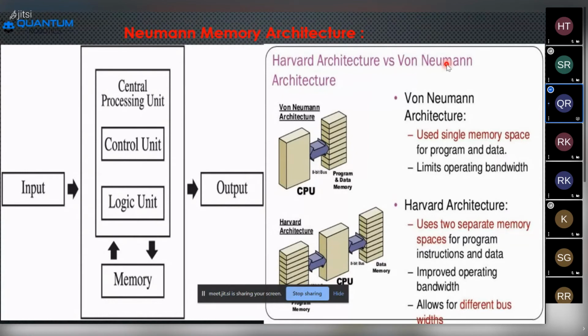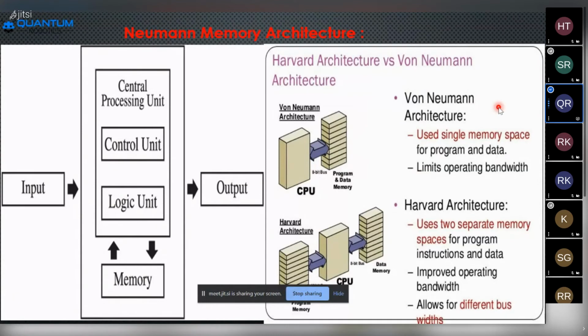In the Harvard architecture versus the Von Neumann architecture, we can see what the difference is between them. Von Neumann architecture means using a single memory space for program and data, which limits operating bandwidth. It gives a limited bandwidth in operation, using one memory space for program and data. When we come to the Harvard architecture, it uses two separate memory spaces for program instructions and data.